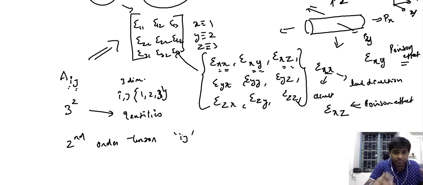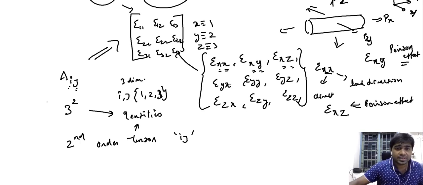When you write down the number of possible values the second order tensor can assume, it will have 9 entries, and we achieve the 9 entries by raising the number of values assumed by i and j, the indices, to the power of the order.